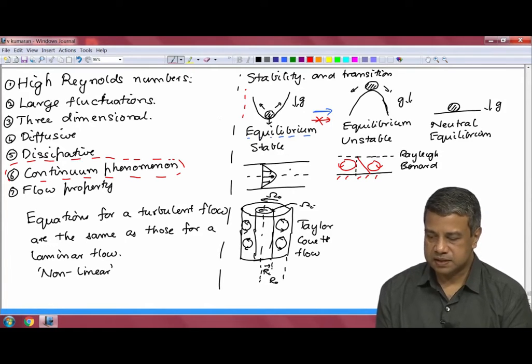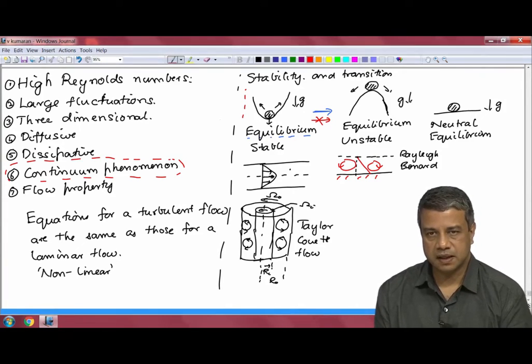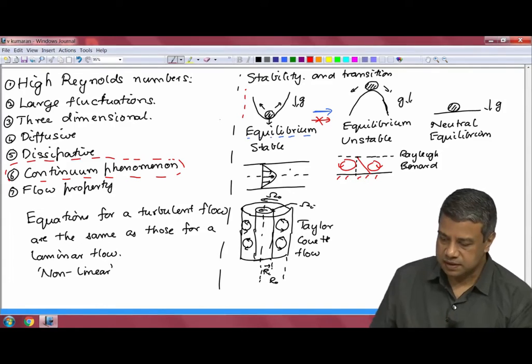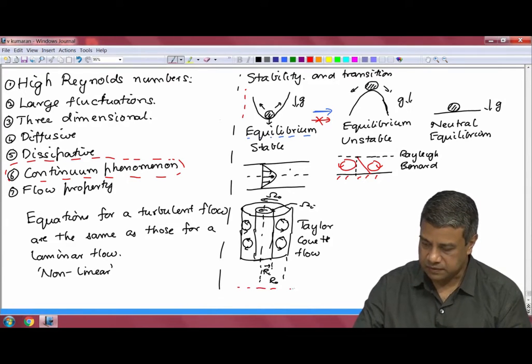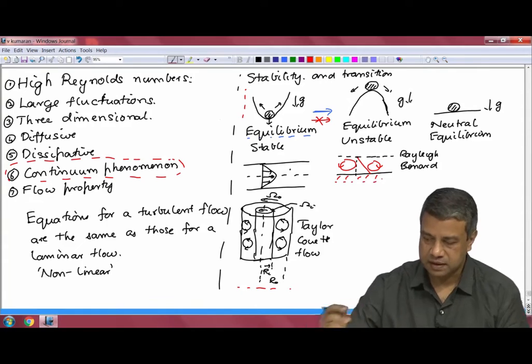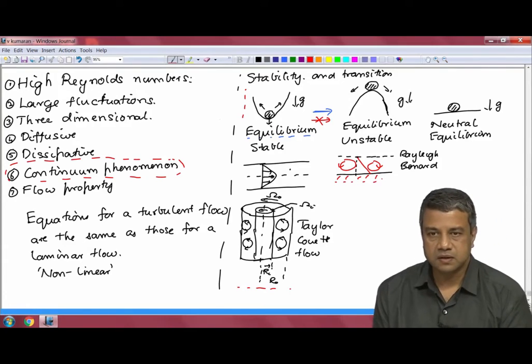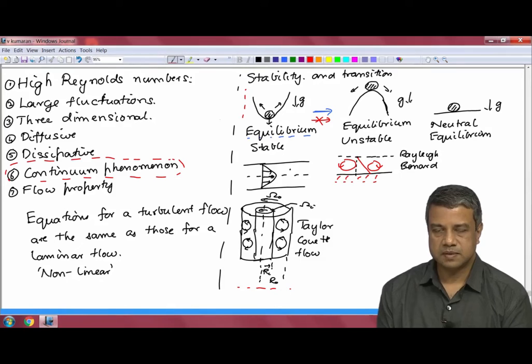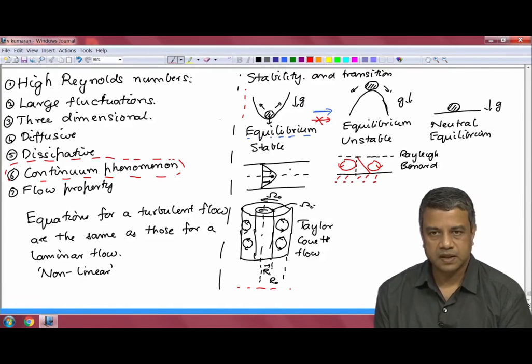Flows such as those driven by rotation of cylinders, like the Taylor-Couette flow, or those driven by natural convection, like the Rayleigh-Bénard flow, actually become unstable. The equilibrium state becomes unstable, and the system goes to another state, which involves convection rolls in a Taylor-Couette flow, or the circulation of fluid in a Rayleigh-Bénard flow.